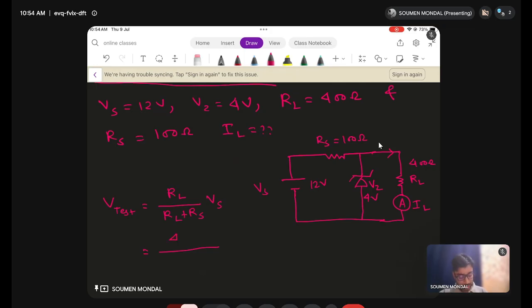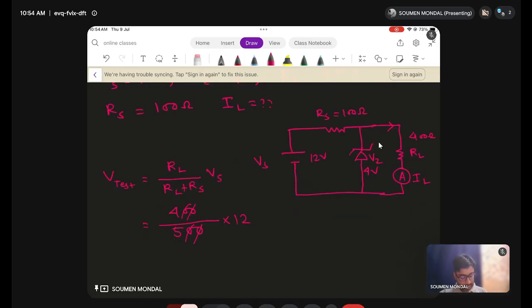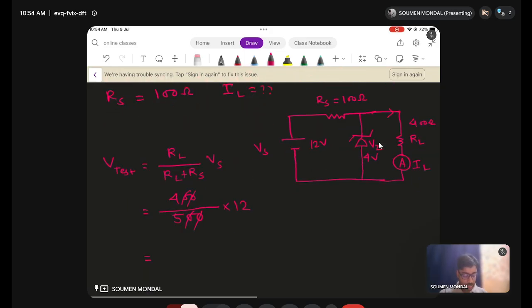So RL is 400 ohm. Then in the denominator, 400 plus 100 is going to be 500 ohm, into Vs, which is 12. And let's see how much we are getting. Is it more than 4 or not? It is obviously more than 4.